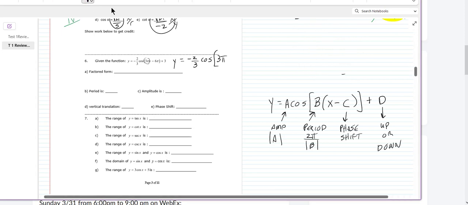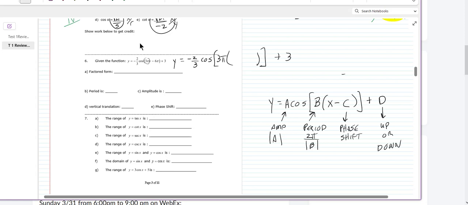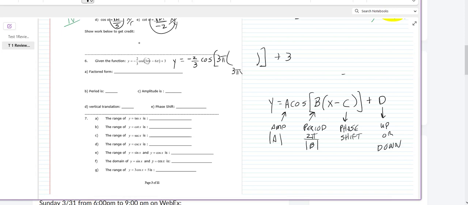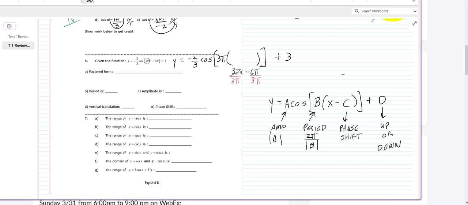There's a couple of ways you can learn to do this. You're going to bring that down, and then you still have the plus 3, so it goes like this. Now, you can do it in your head, or you can do this: if you're trying to factor 3 pi x minus 6 pi, divide each piece by that common factor, and that'll tell you what goes inside of the parentheses.